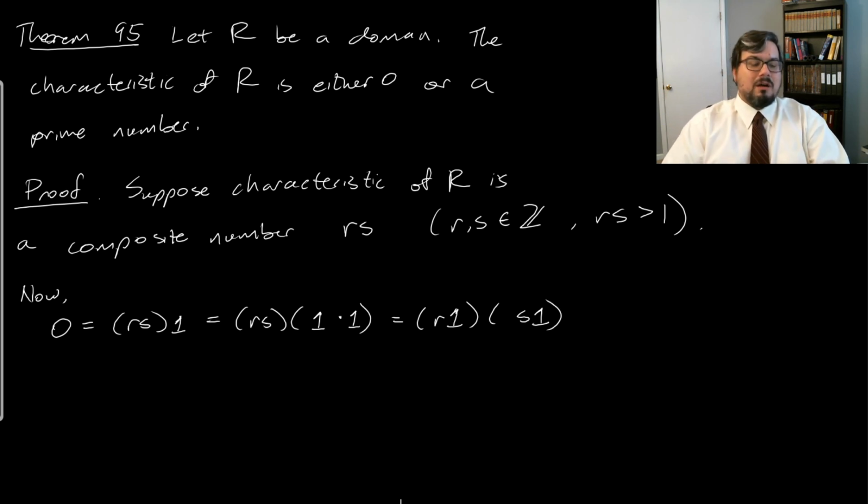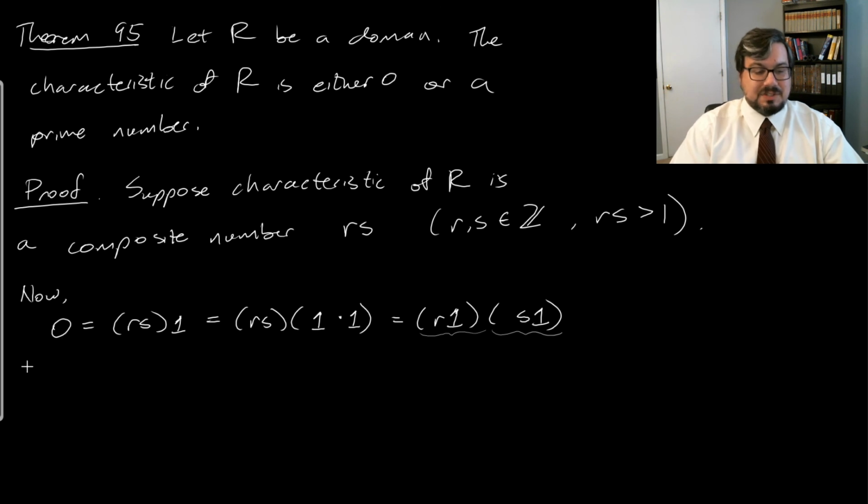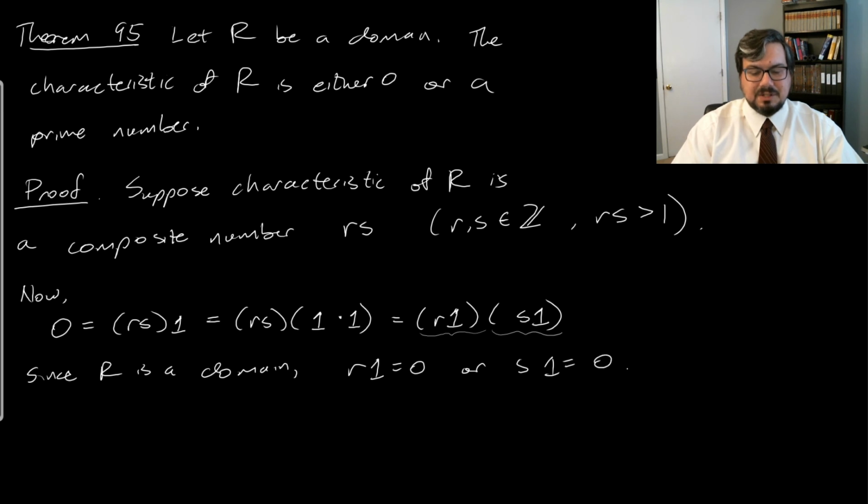And if I have RS times 1 times RS times 1 times 1, that's the same as R times 1 times S times 1. So we have that the two ring elements, R times 1 and S times 1, multiply to equal 0. Since R is a domain, R times 1 equals 0, or S times 1 equals 0.